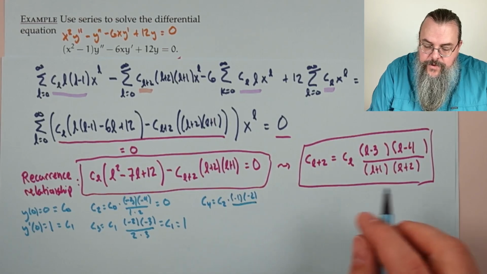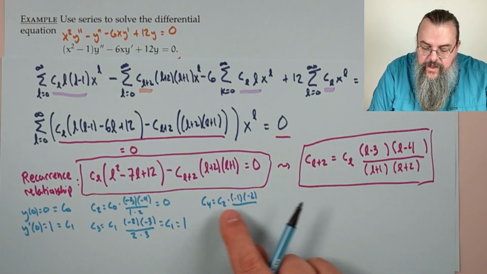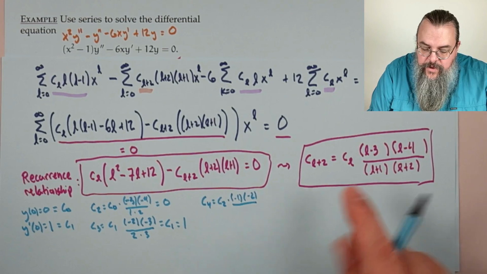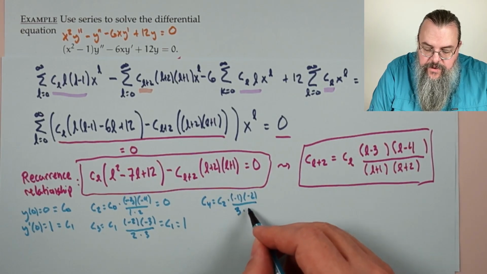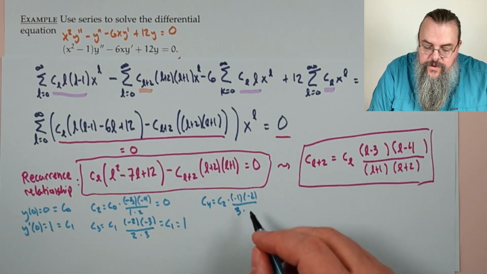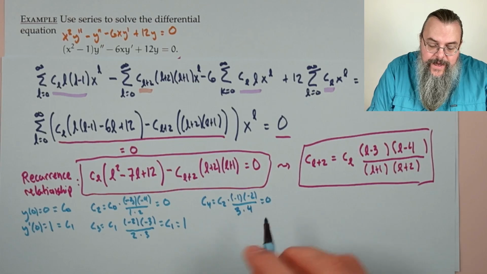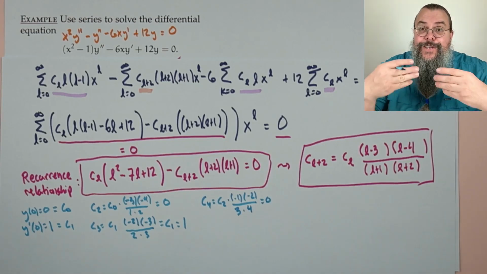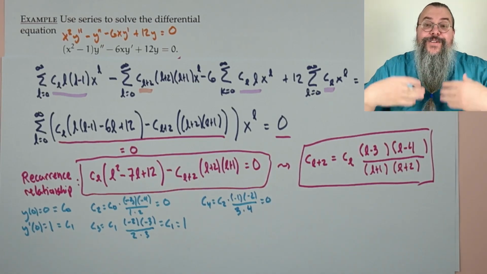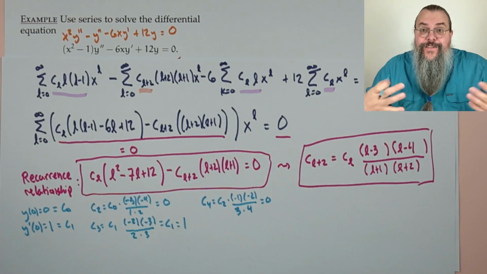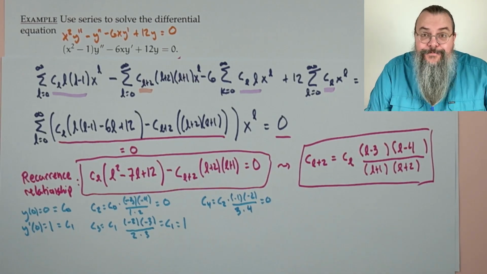Downstairs, 2 plus 1 is 3, 2 plus 2 is 4. But since C2 is 0, we get 0. In fact, C6 will be 0. C8 will be 0. C10 will be 0. So the rest are 0 for the evens.